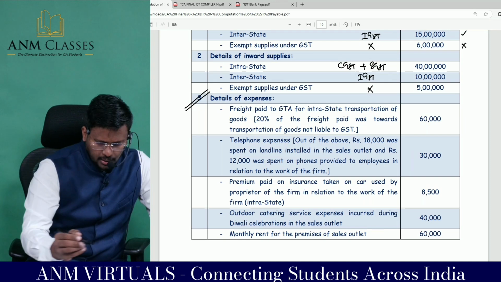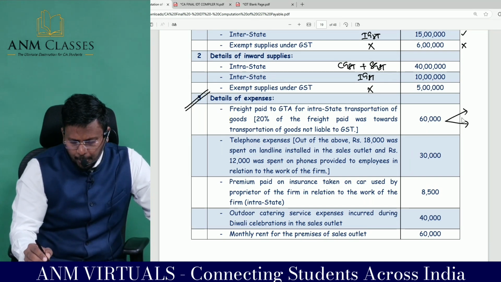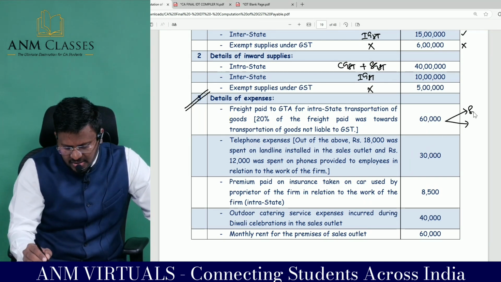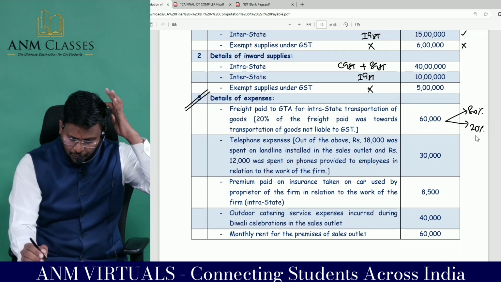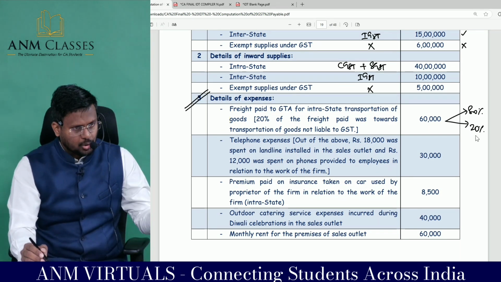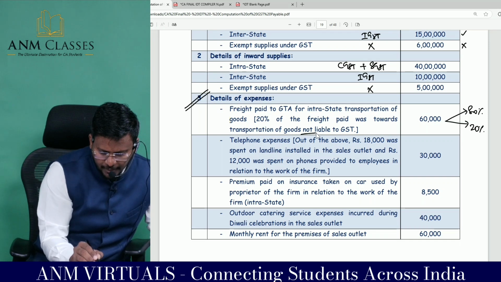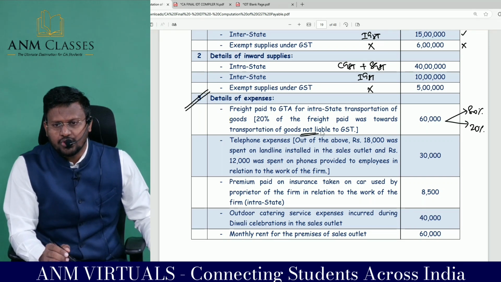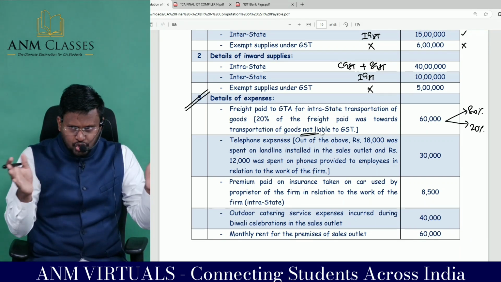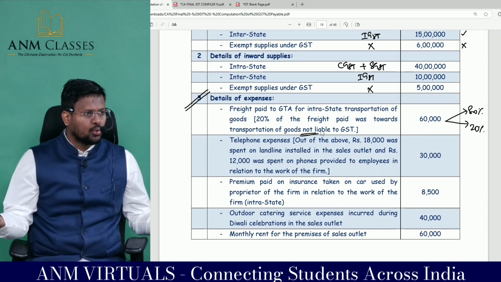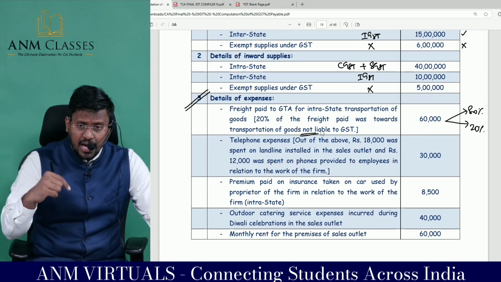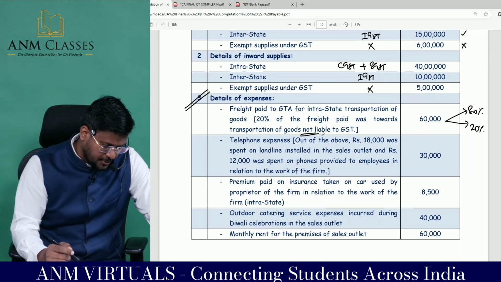So totally 60,000. So they are asking you to apportion, which is 80% and 20%. 80% is for taxable goods, whereas the remaining 20% is not liable for GST. So I have to apportion the amount and do the calculation. Here, sir, the apportionment concept will be applicable.